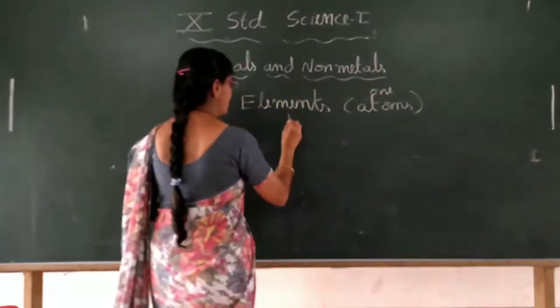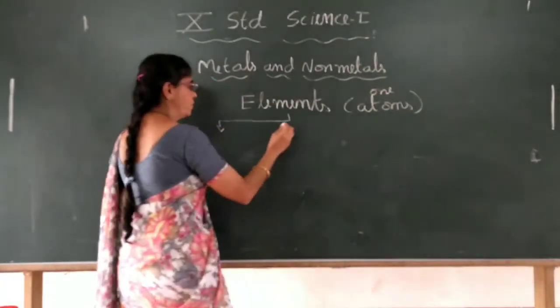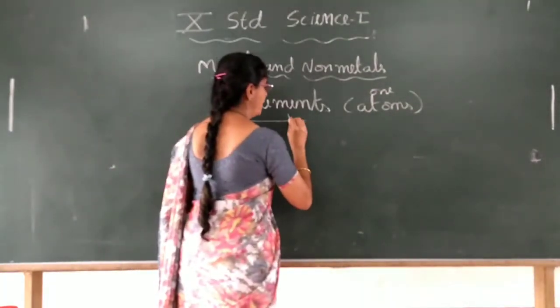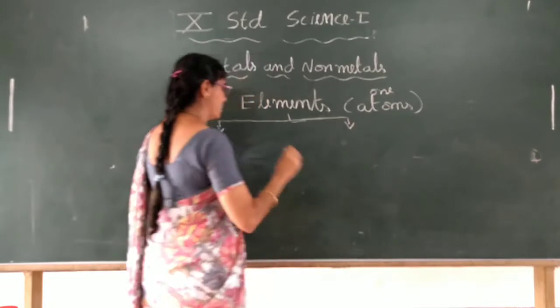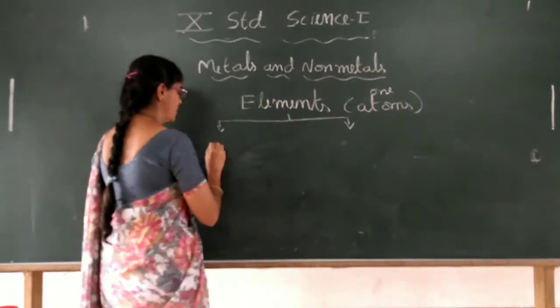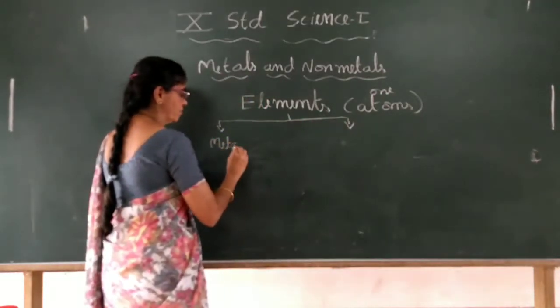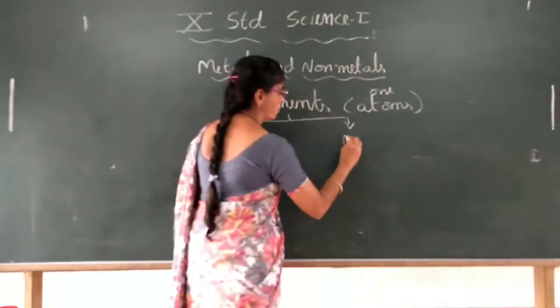Now these elements they classified into two main groups. Basically, the main two groups are metals and non-metals.